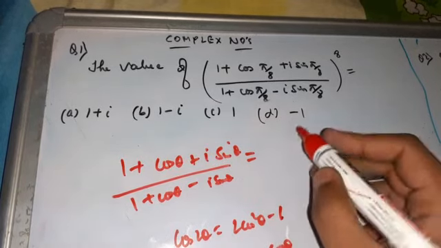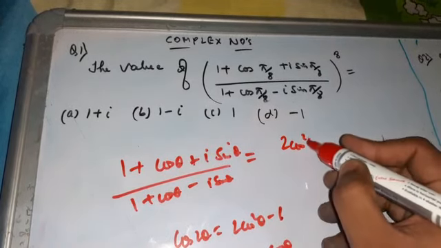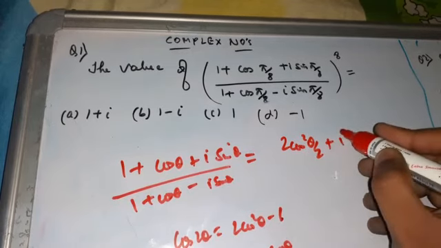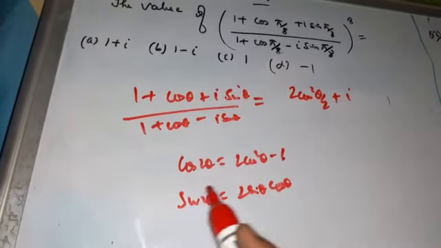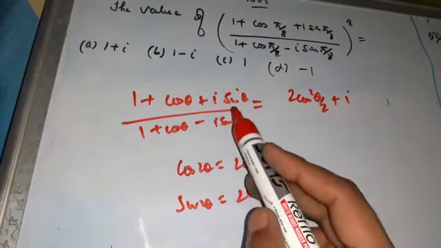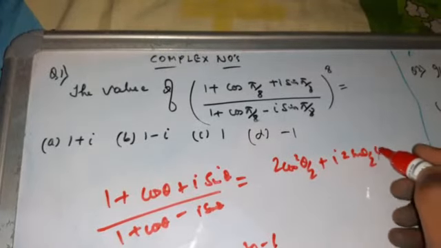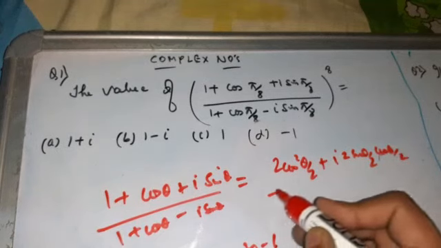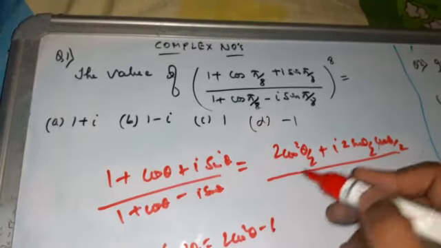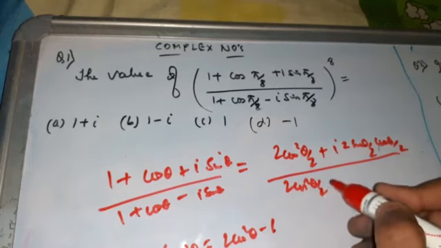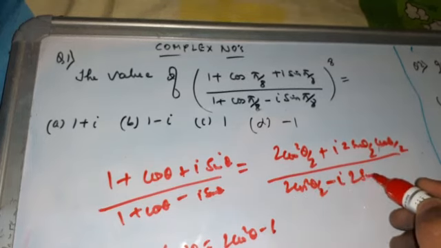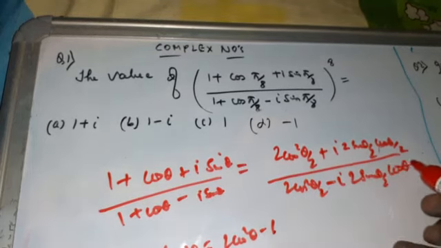So 1 + cos θ can be written as 2cos²(θ/2), and i sin θ can be written as i times 2 sin(θ/2) cos(θ/2). Similarly, in the denominator we reduce as above: 2cos²(θ/2) − i 2 sin(θ/2) cos(θ/2).